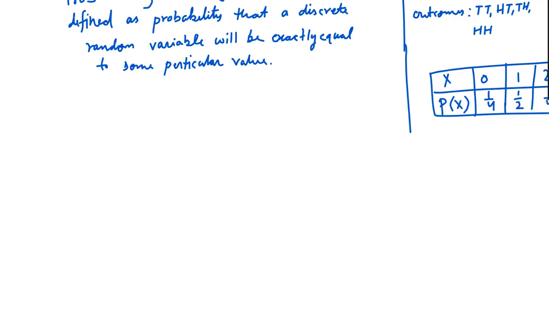Now let us do the probability mass function of the binomial distribution, and then we will do it for the Poisson distribution.